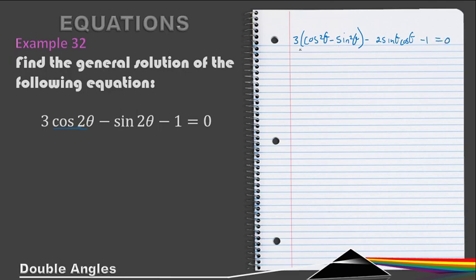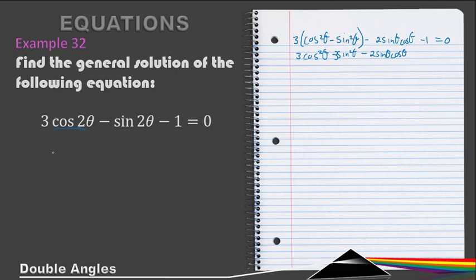Okay, so here we'll have 3 cos squared theta minus 3 sine squared theta, minus 2 sine theta cos theta. And because we have 3 over here, I wonder if we should factorize all of this.